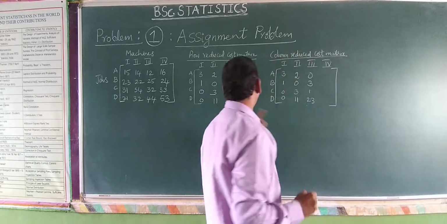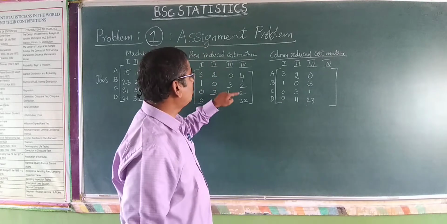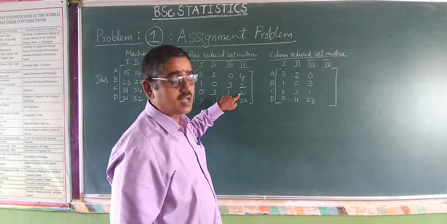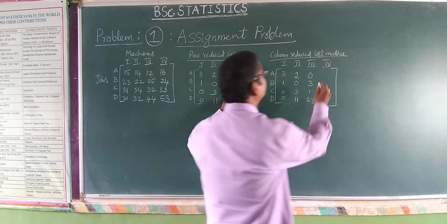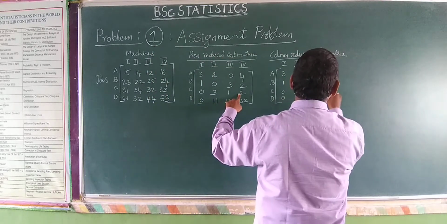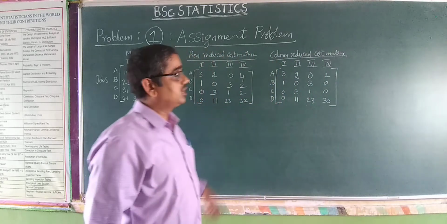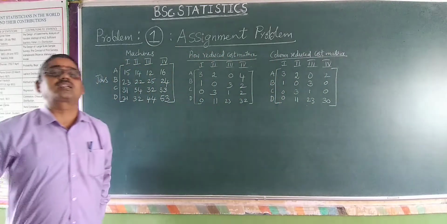Coming to the next one, 4, 2, 2, 32. The minimum cost is 2. Subtract 2 from all the elements. 4 minus 2 is 2, and 0 and 0, and 30. Hope it is right. So this is the column reduced cost matrix.